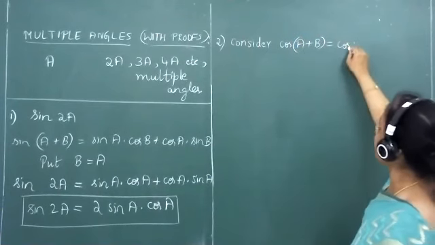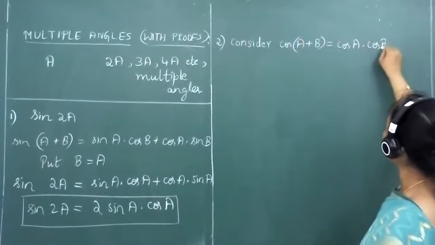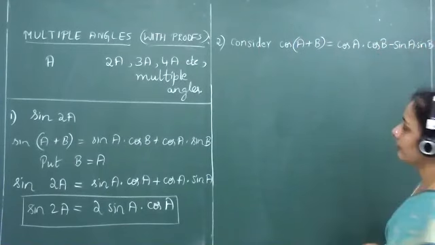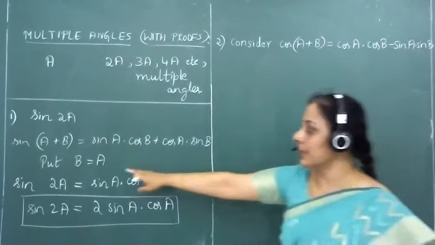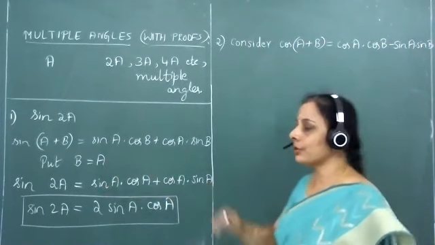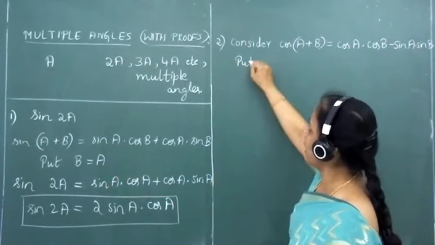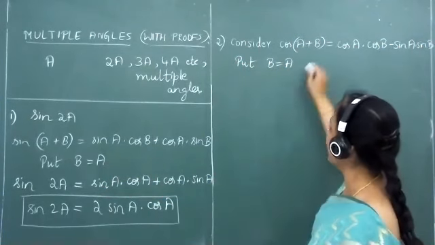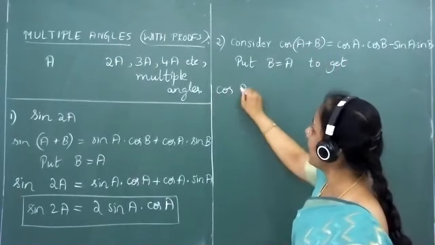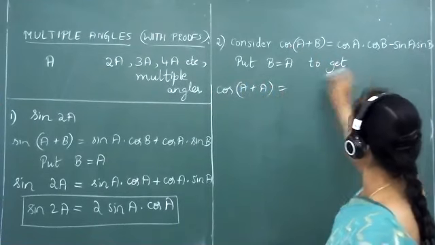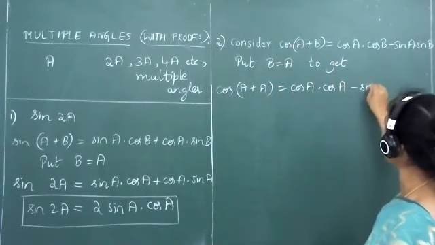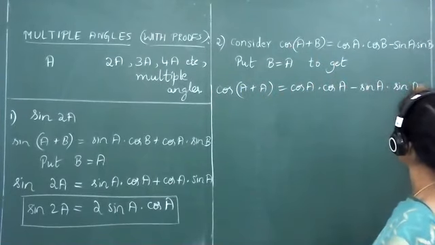It is supposed to be given by cos A into cos B minus sin A into sin B. Here again we use a similar logic. We shall be replacing the second angle B equal to A. So we will substitute again angle B equal to A, which will get us cos of A plus A in the LHS, and in the RHS you will find cos A into cos A minus sin A into sin A.